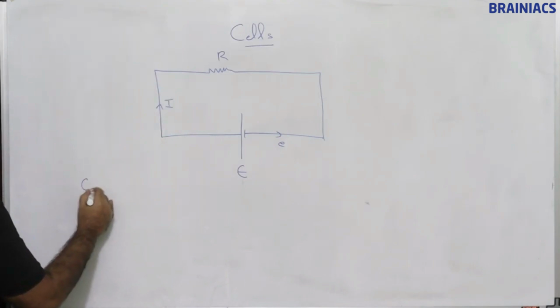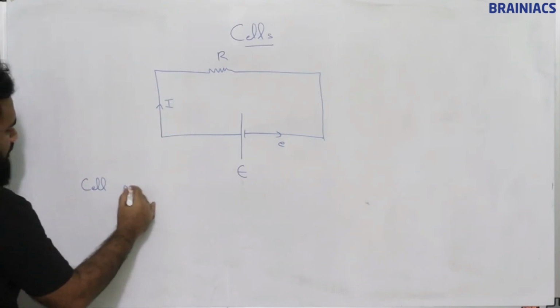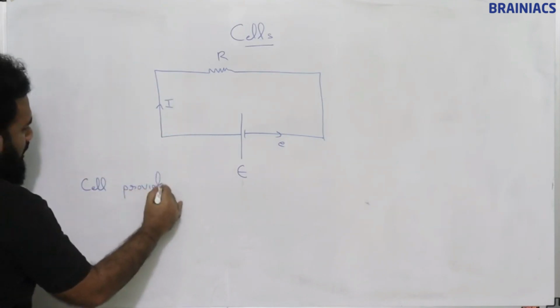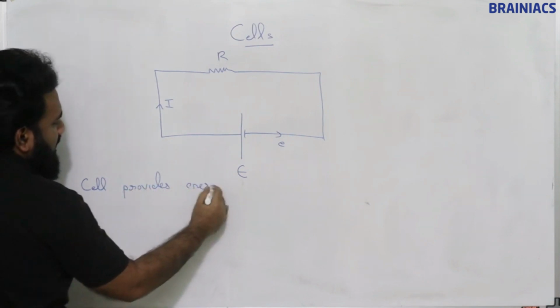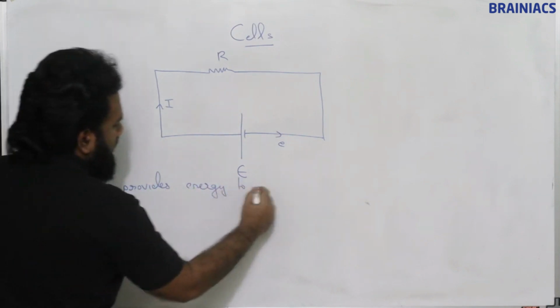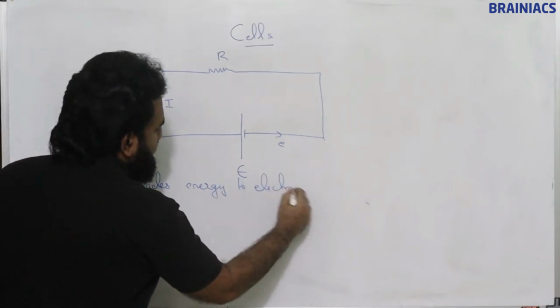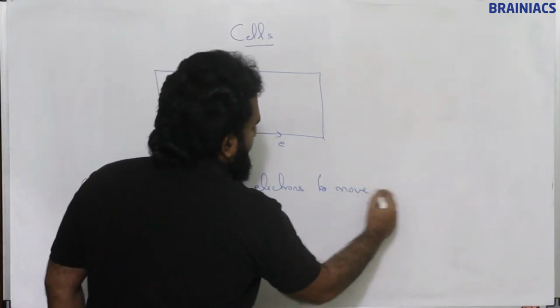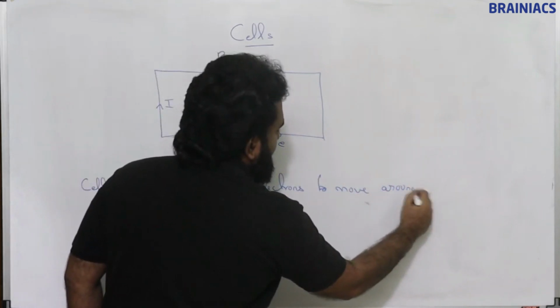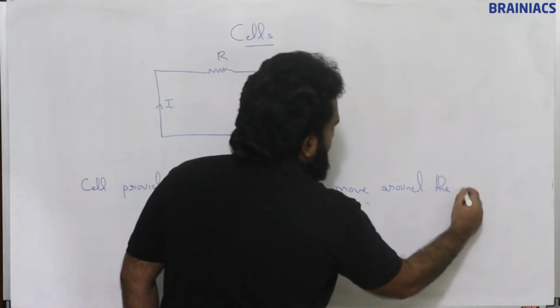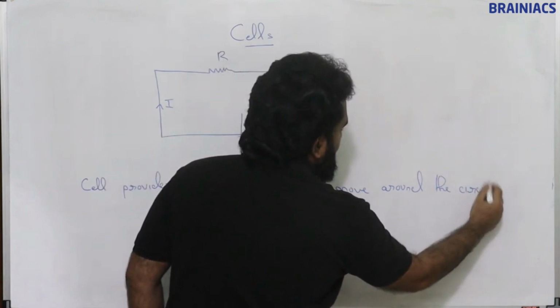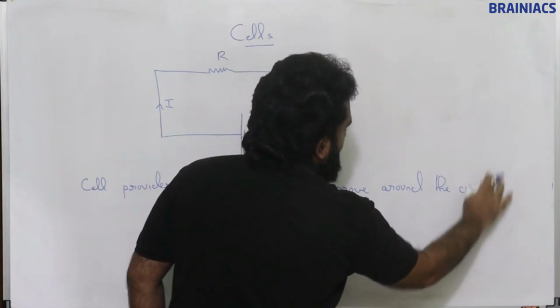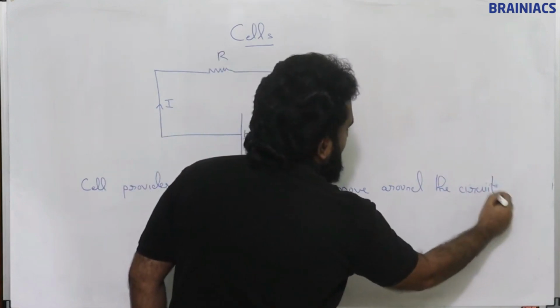So the cell provides energy to electrons to move around the circuit. This is what is happening.